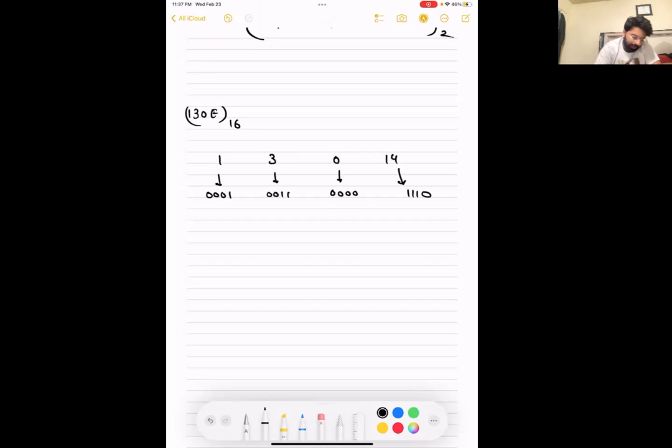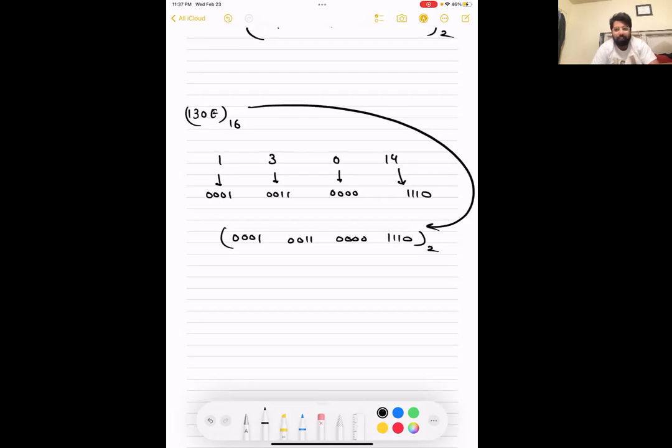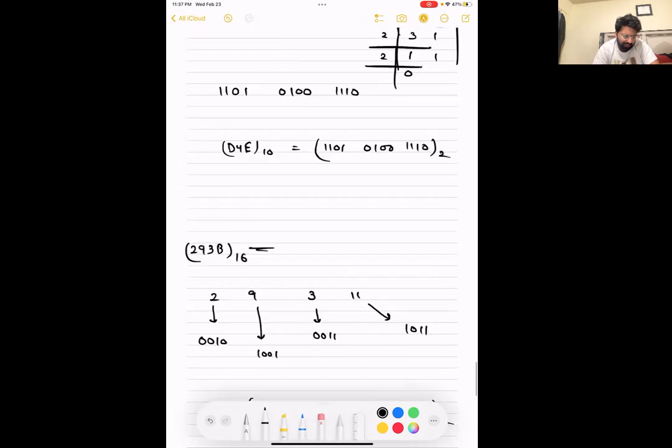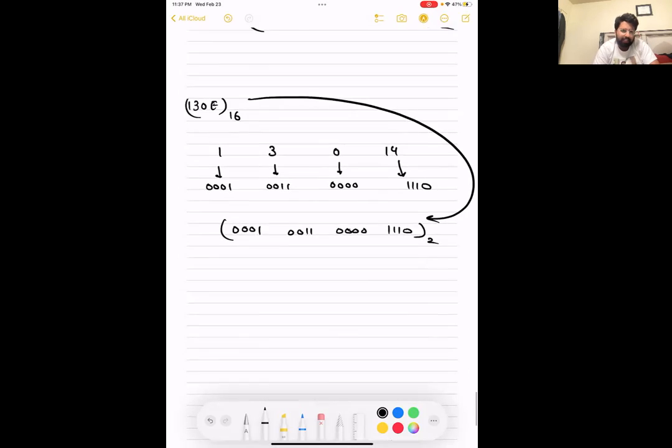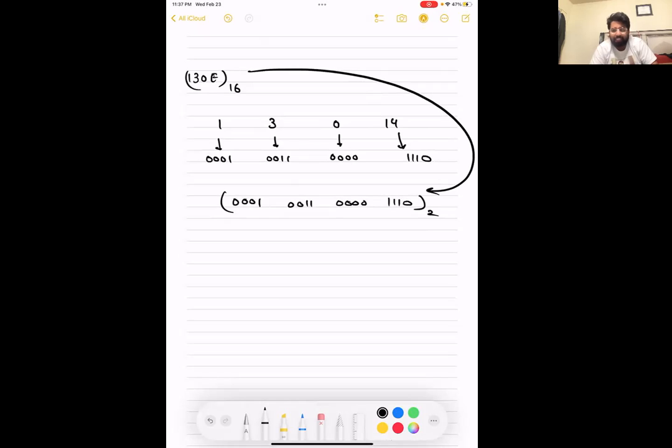Once you're done with that conversion, you can just combine all the numbers. There you go, that's the binary equivalent of the hexadecimal. They are the same. So I hope this helps, and shoot me an email if you need further clarifications.